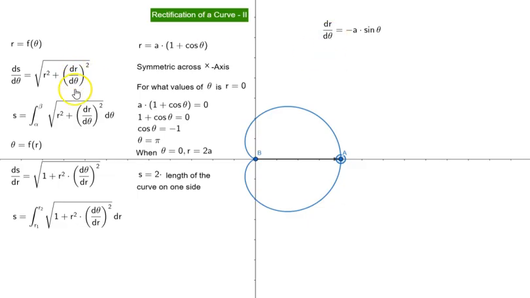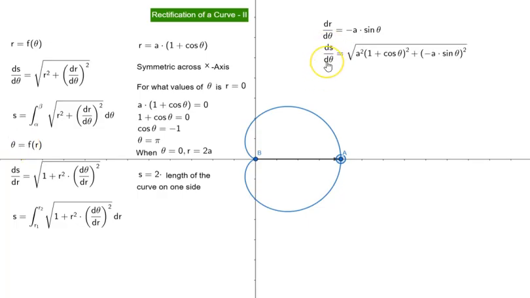So if we differentiate r is equal to a times (1 plus cos theta) with respect to theta, we get a times 1, which is a constant, so 0. Differentiating a cos theta, we get minus sine theta. So we have dr by d theta equal to minus a sine theta.